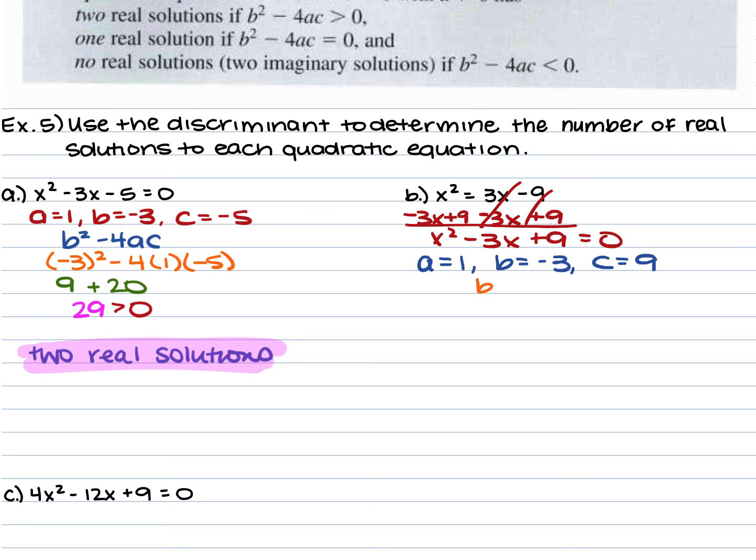Plug it into your discriminant, b squared minus 4 times a times c. This gives us negative 3 squared minus 4 times 1 times 9. The negative 3 squared is 9. The 4 times 9 gives us 36, so 9 minus 36 gives us a negative 27. Negative 27 is less than 0, so we have 2 imaginary solutions.